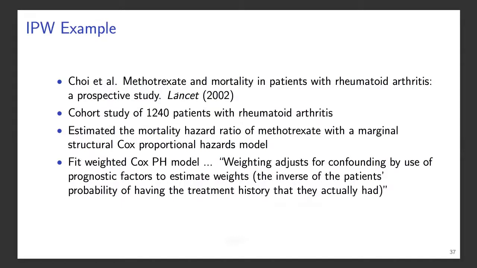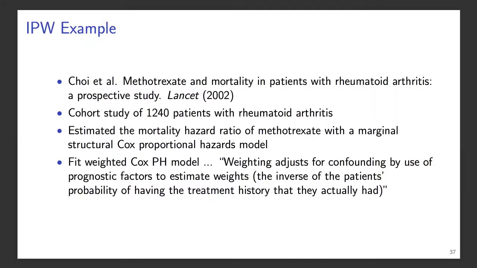So here's an example from the arthritis literature. This is a study that was published in Lancet 2002, a cohort study, and they're worried about confounding. So they fit a Cox model, and they want to estimate a hazard ratio. But to do this, they're going to use inverse probability weights.